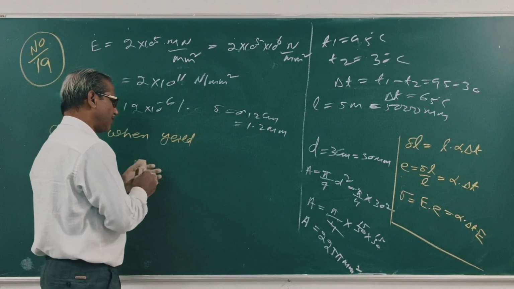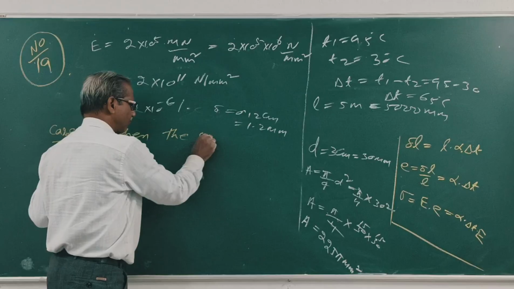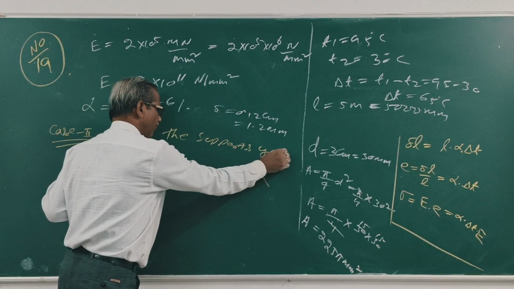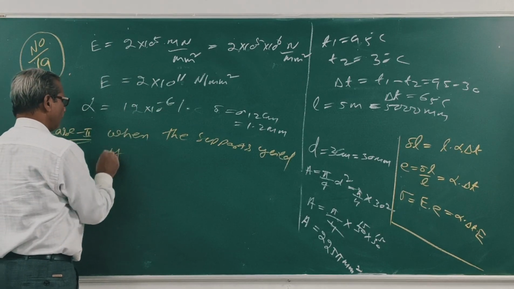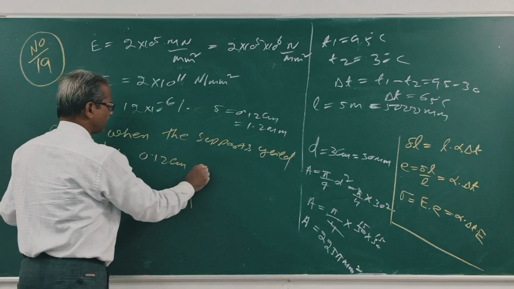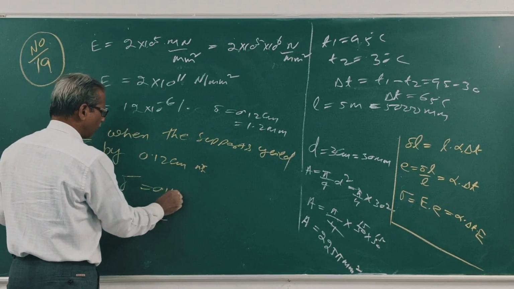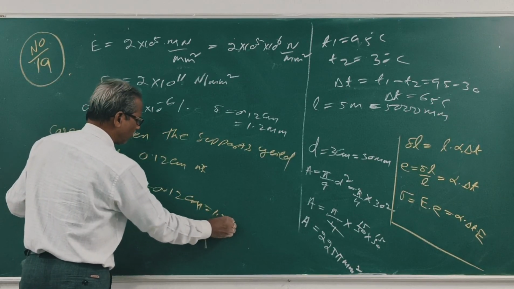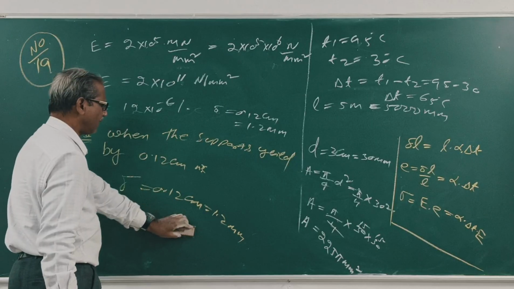Clear? When the supports yield by 0.12 cm, that is delta is equal to 0.12 cm, what is 0.12 cm? 1.2 mm, right? The delta.